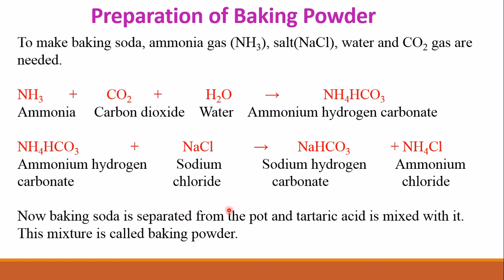Now baking soda is separated from the pot and tartaric acid is mixed with it. This mixture is called baking powder. Look, baking soda, sodium hydrogen carbonate, this is white colored powder. Tartaric acid, it is also white colored powder, and both they are mixed together to make baking powder.